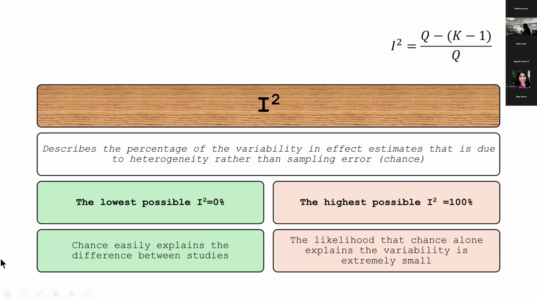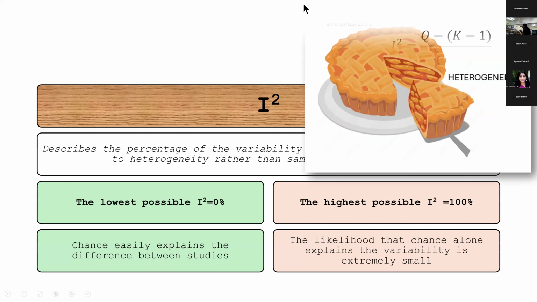So what is I-square? It's the percentage of the variability in the effect estimate that is due to heterogeneity rather than sampling error. I found this the easiest for me to understand. If you look at a pie, the whole pie is basically the overall variability that you're getting. The slice is basically heterogeneity.